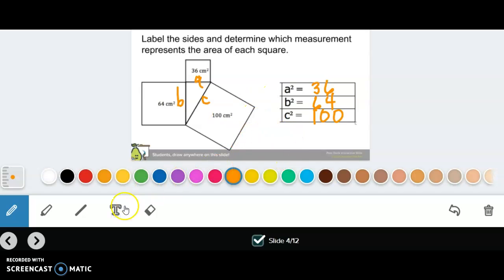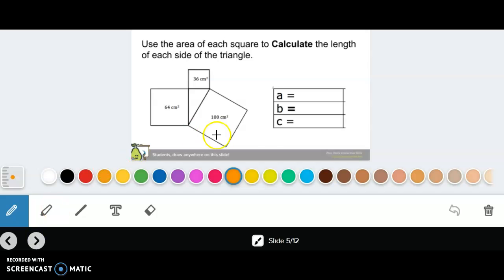Okay, so now we're going to have to work backwards to figure out what the length of them was. So now we had the area, right? We started with the area. So what we do is we say the square root. Remember that symbol when we were ordering numbers?